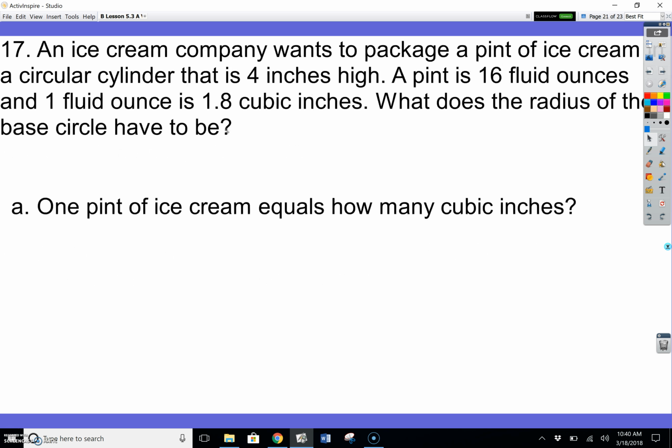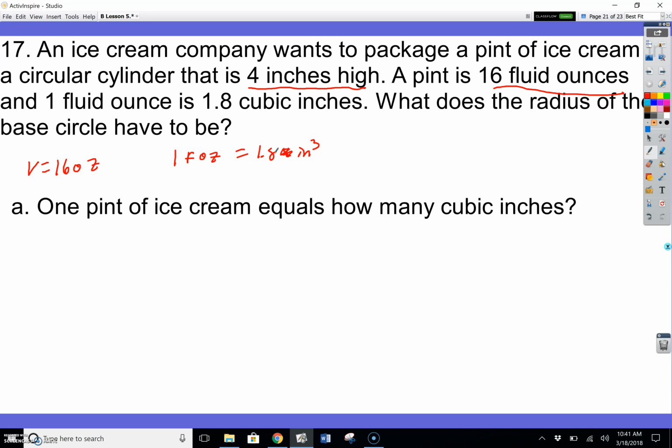Okay, so it says that it is 16 fluid ounces. That's the volume. Volume is 16 ounces. But that doesn't really help us because the height is in inches. But it does tell us that 1 fluid ounce is equal to 1.8 cubic inches.